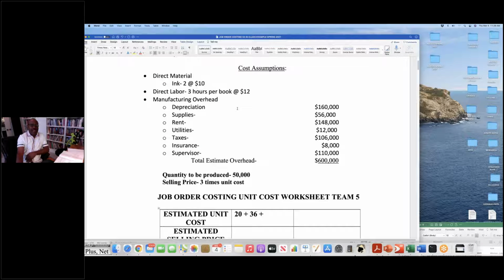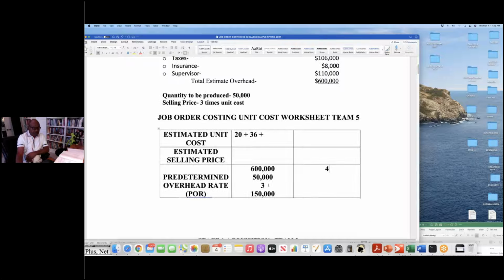It says it's 3 hours. We put 3 in, and because it's taking 3 hours, we multiply 3 times 50 to get to 150. So it's going to take us 150,000 hours. We divide the top line by the bottom line, POR. Okay?